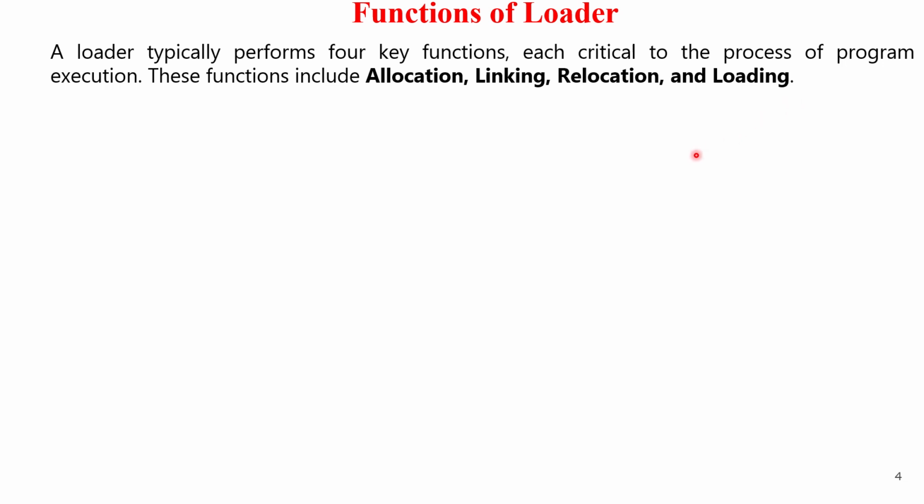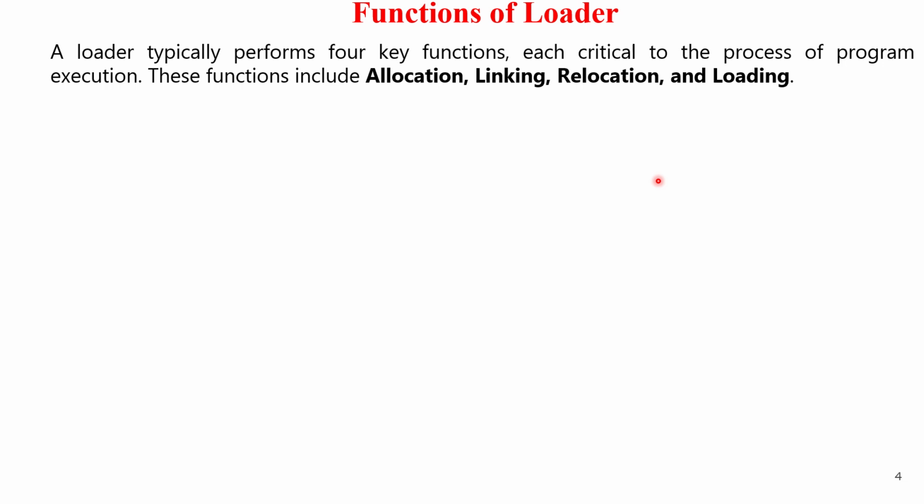So what is allocation? Ideally, in my previous slide, I said that the linker is responsible for combining all the object files into a single object file, and this file has an extension exe. When the linker creates this exe file, it stores it on the hard disk. The loader then looks at that exe file and identifies the size of that exe file.